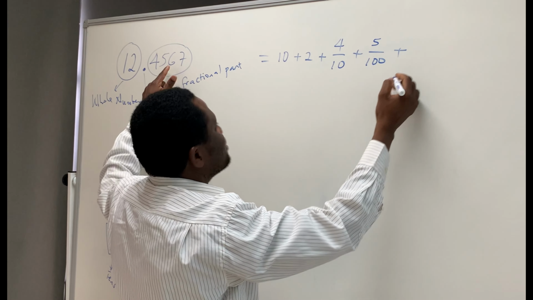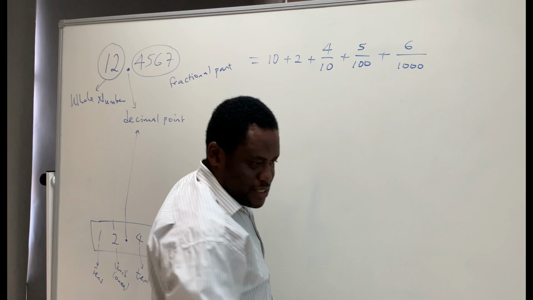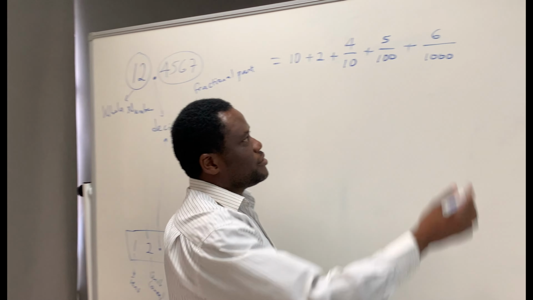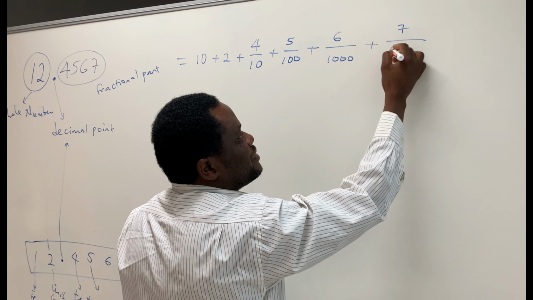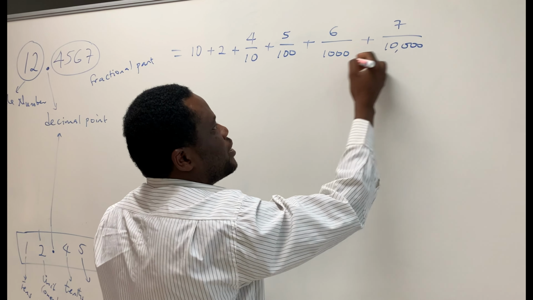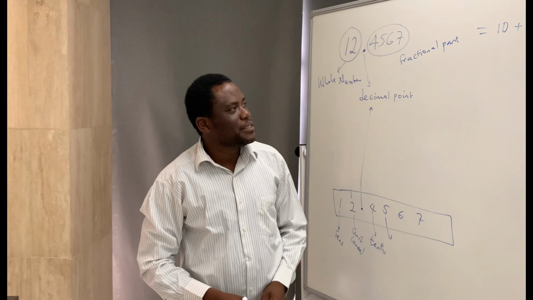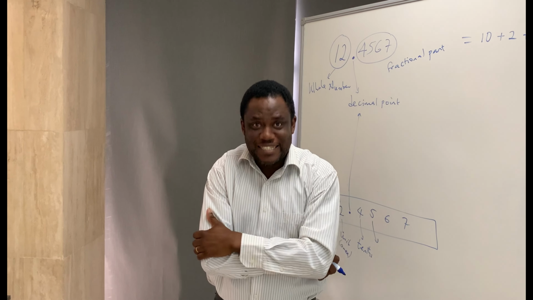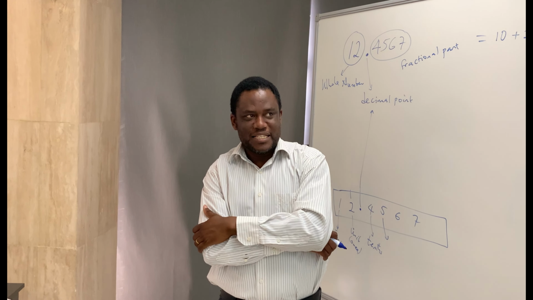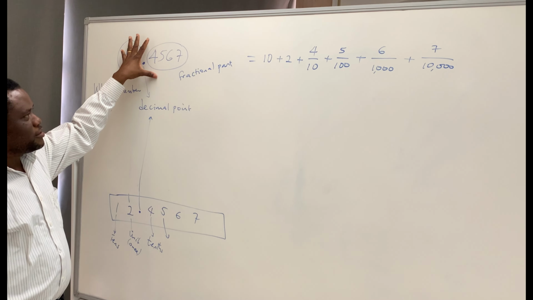The next is what? 6 thousandths. And the last one is 7 ten-thousandths. This one and this one are the same. This is just the decimal notation, and this is to expand it.